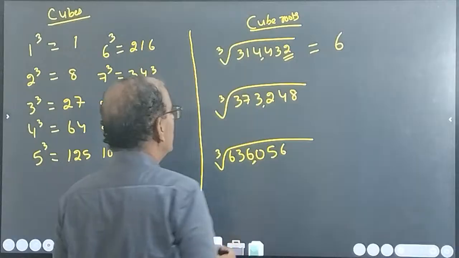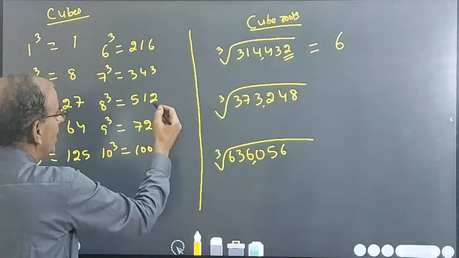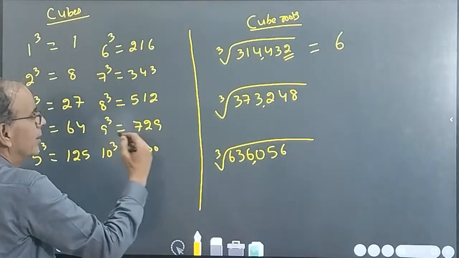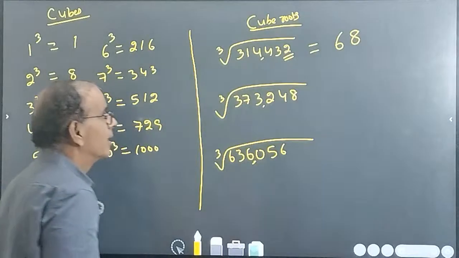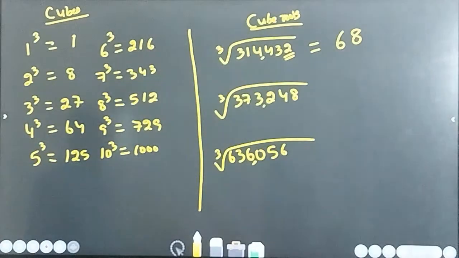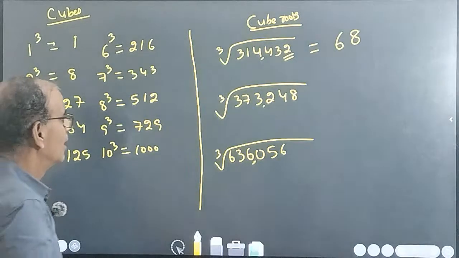It ends with 2. You go here where 2 ends with 8. What is the answer? Answer is 68. So, cube root of 314432 is 68.